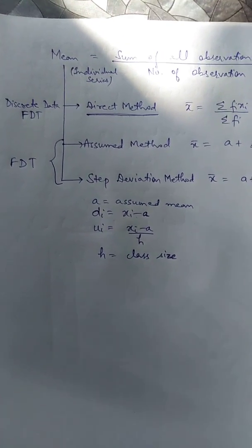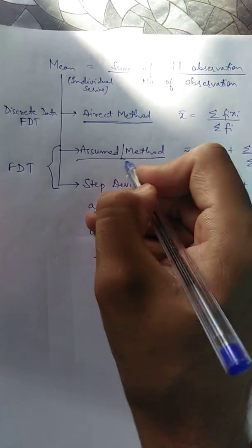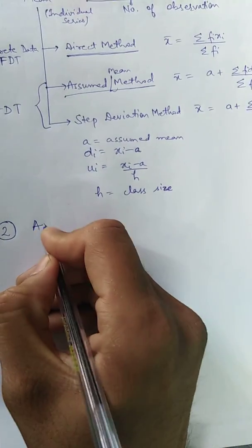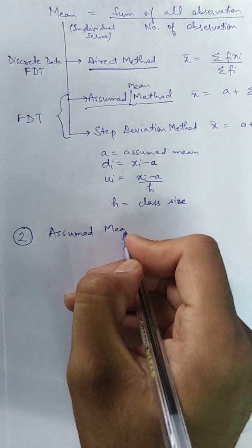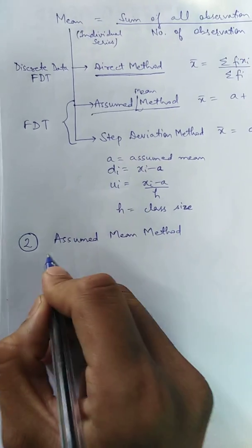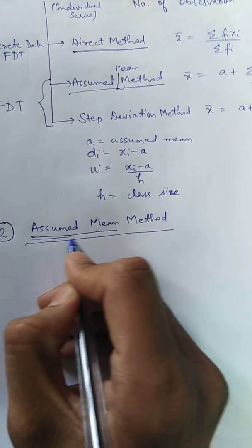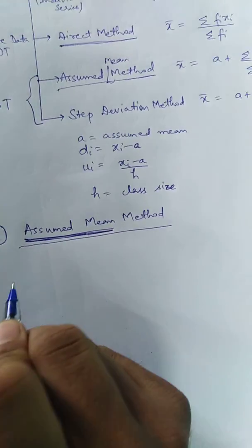So now coming to the next method, that is the assumed mean method. Since the name itself says assumed mean, here we have to assume the mean at first.